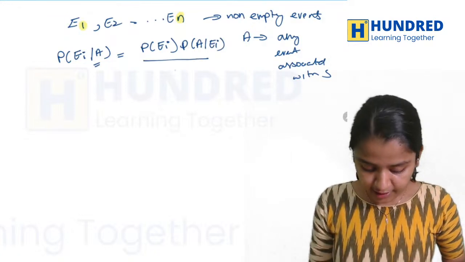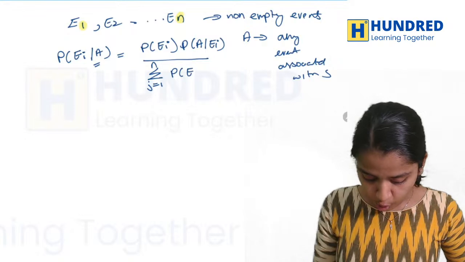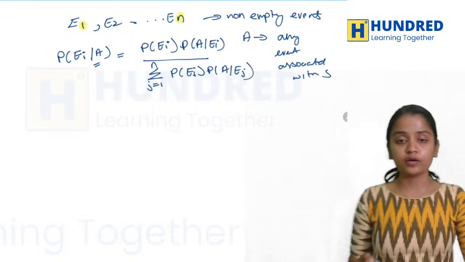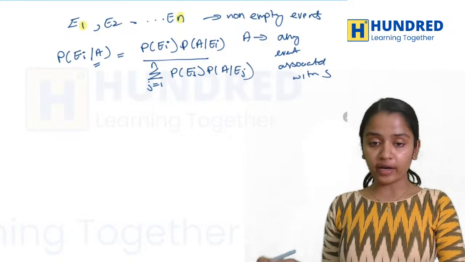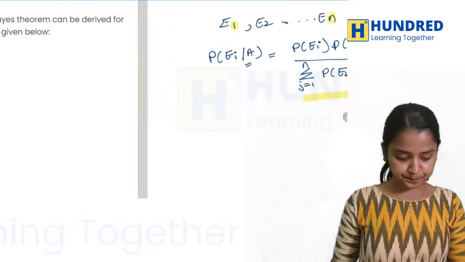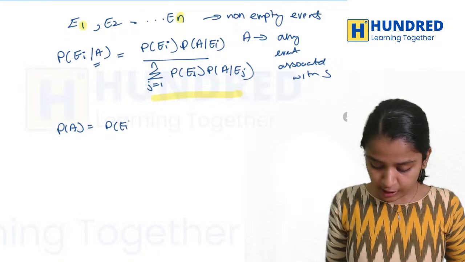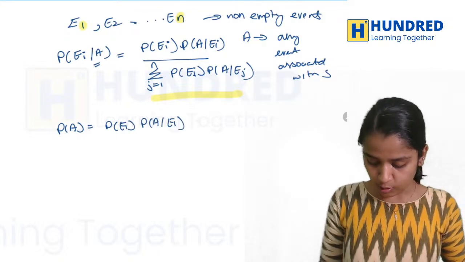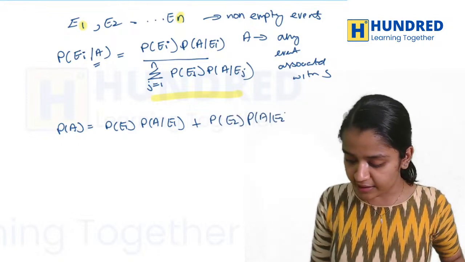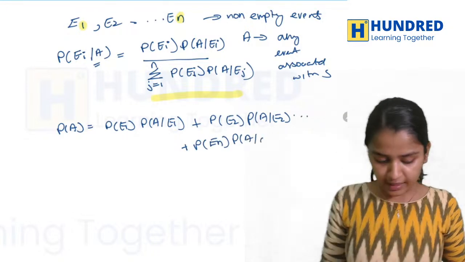Okay, divided by the summation of j equal to 1 to n, P of Ej into P of A by Ej, the summation of all of them. So basically P of A is P of E1 P of A by E1, then P of E2 P of A by E2, up to P of En P of A by En.